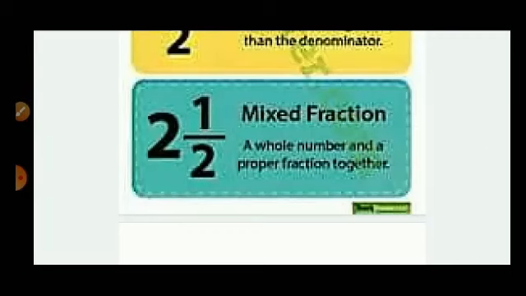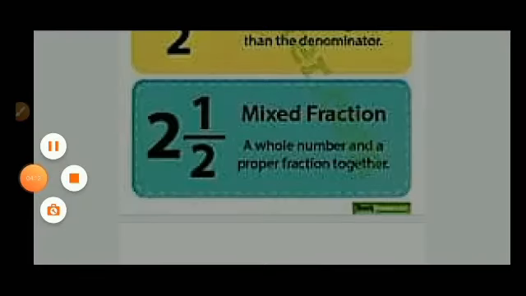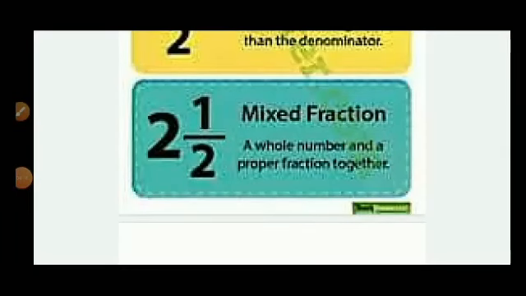This is also a big question because improper fraction can be converted into mixed fraction and mixed fraction can be converted into improper fraction, not the proper fraction.